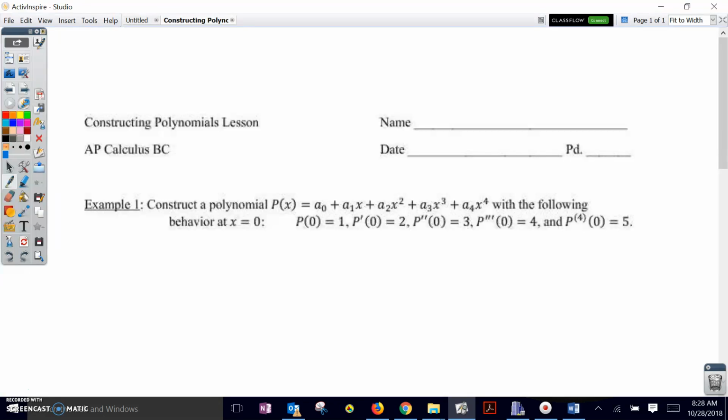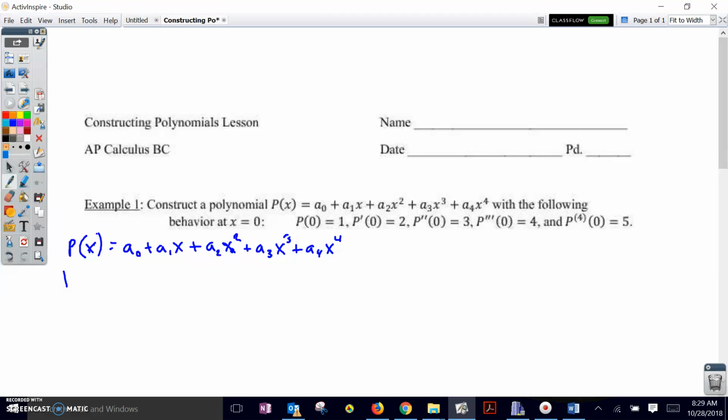So first of all, we start with the basic polynomial, p of x equals a sub 0 plus a sub 1x plus a sub 2x squared and so on. Since we're trying to find the behavior of it at all these various derivatives, I'm going to take all these various derivatives of this polynomial and we're going to see what happens.